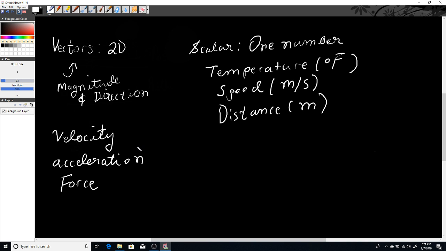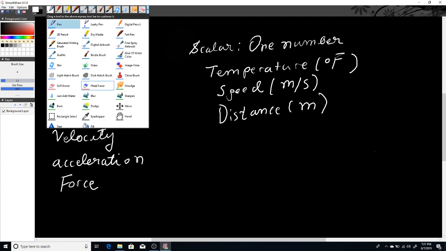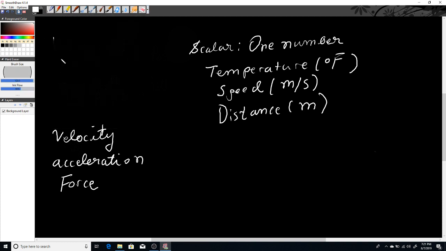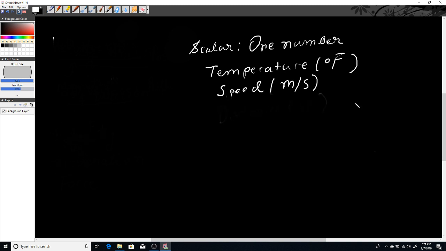When we draw vectors in two dimensions, we usually look at it on a Cartesian coordinate system. This would be x, that's y, our x and y axes.